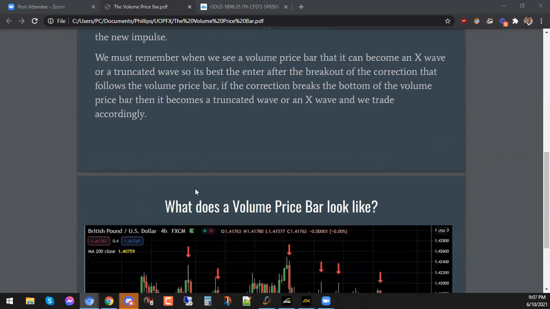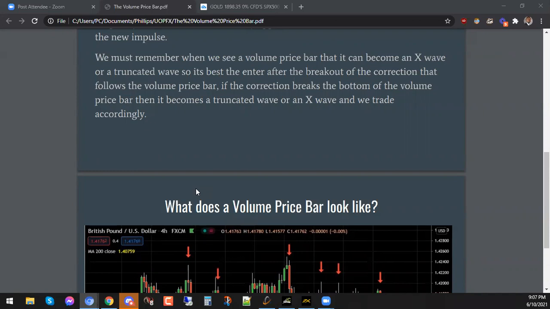Okay, so once that type of situation happens, we will have to trade accordingly. If you're looking to get into the trade after the volume price bar, if you're looking to go long on a green volume price bar, in some cases you look for a little pullback based on the time frame that you're in, or you look for a corrective formation and then you jump in on the breakout of that corrective formation.